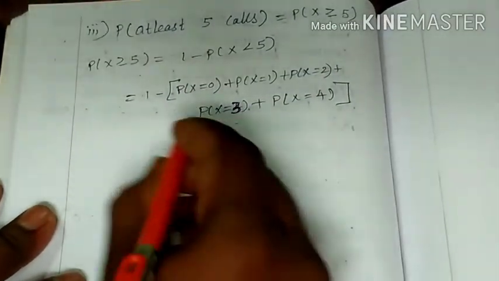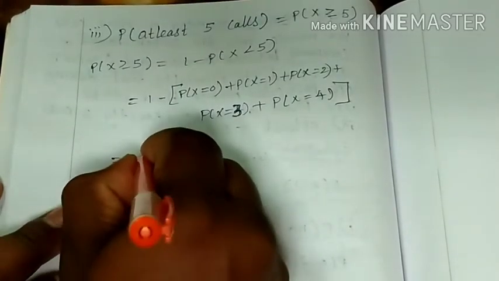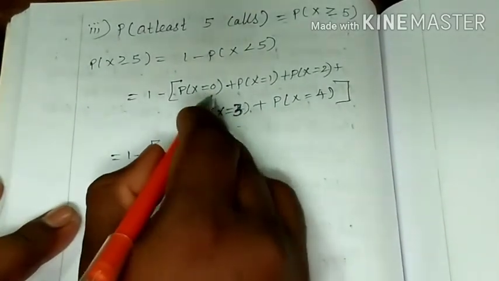So substituting, 1 minus P of x equal to 0.